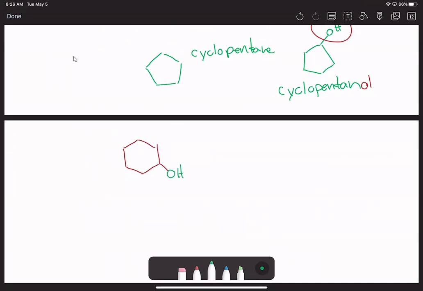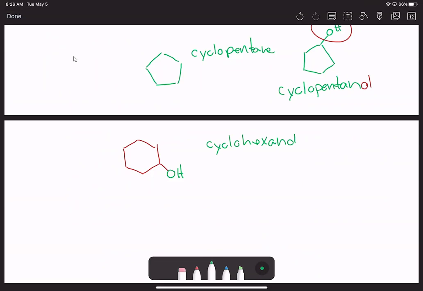There's my functional group. It's an alcohol. So instead of cyclohexane, I still keep the cyclo. Hexane, I drop the E, and I write in OL. So I have cyclohexanol. So I have cyclopropanol, cyclobutanol, cyclopentanol, cyclohexanol, cycloheptanol, and so on, covering all of our ring structures here.